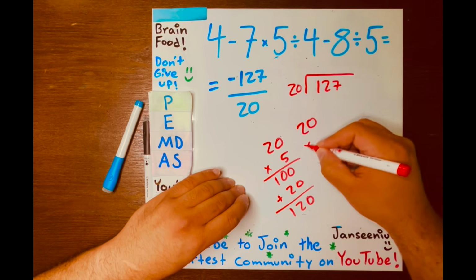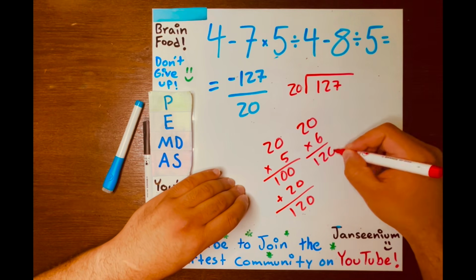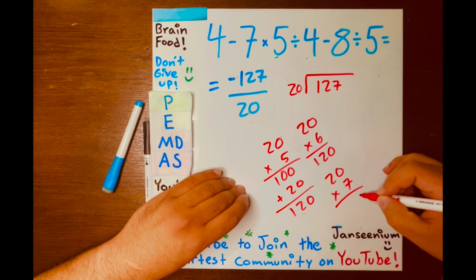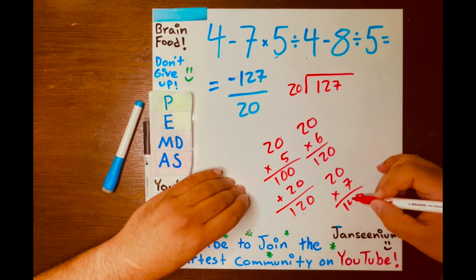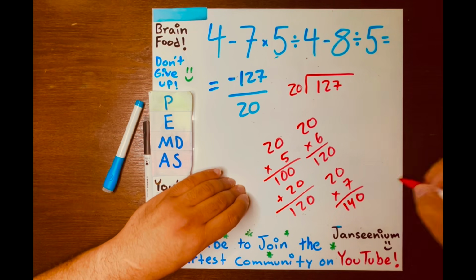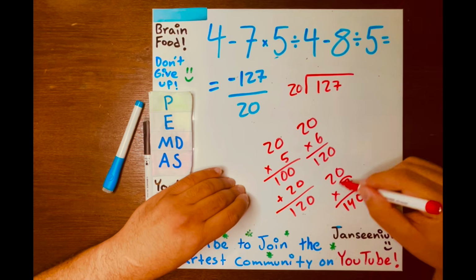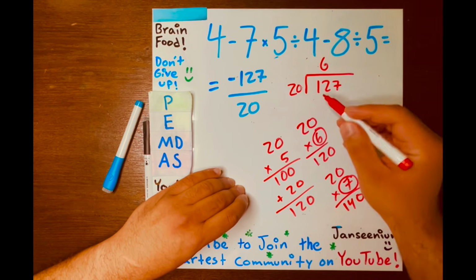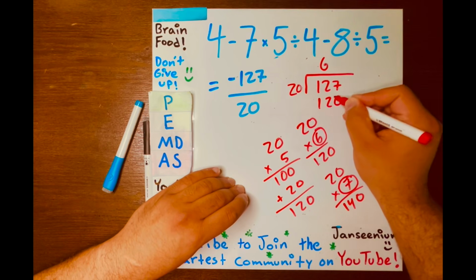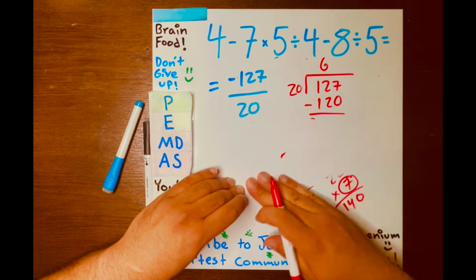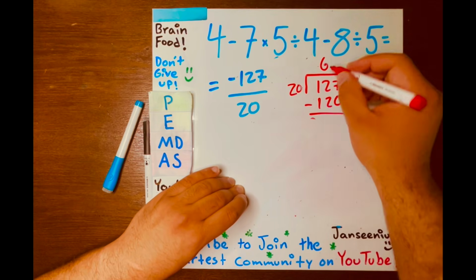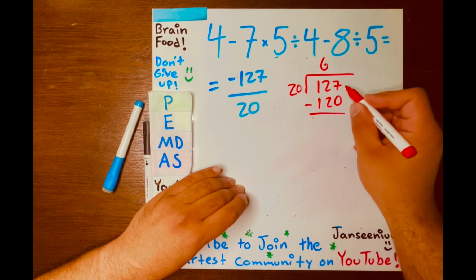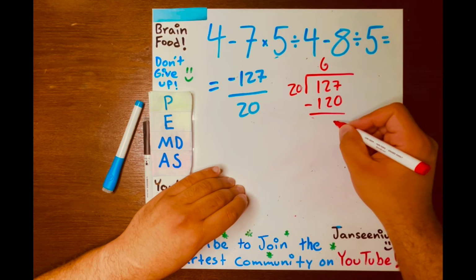And then 20 times 7 is 140. That goes over 127. So we cannot use 7. We have to use 6. So 6 goes up there, and that's 120. And then I subtract. I'll erase all this. So 6 times 20 is 120, and 127 minus 120 is 7.